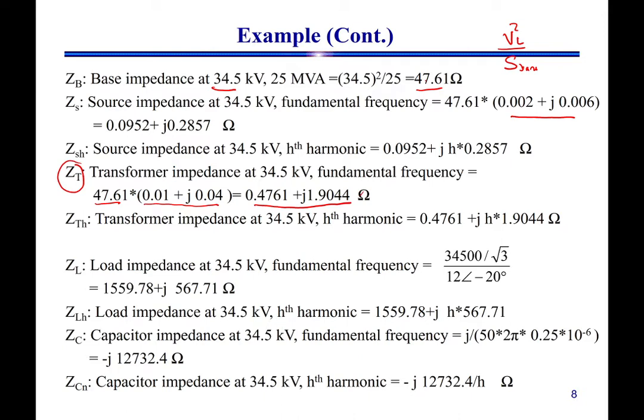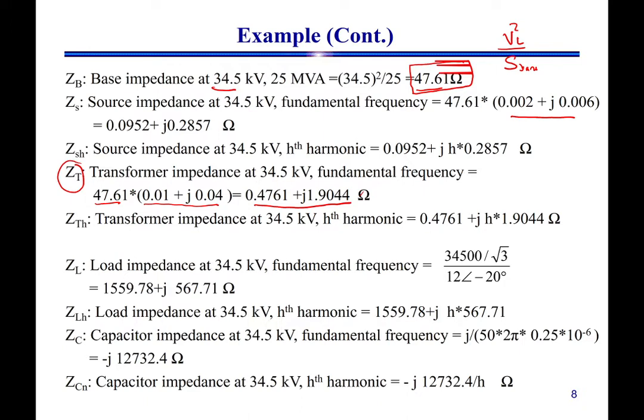Now, if we would like to calculate also the source impedance on the low voltage side, what do we need to do? We choose the base impedance, which is 47.6. We multiply the base impedance times the per unit value, and that will give us the source impedance on the low voltage side.